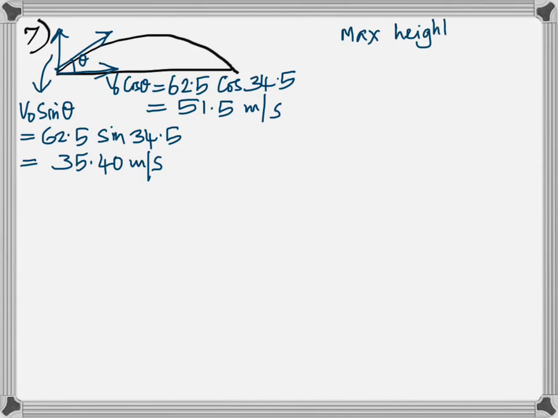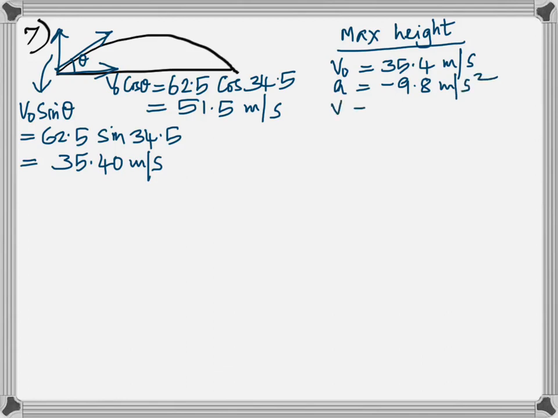To find the maximum height, we use the initial vertical component. a is negative 9.8 because it's first going up. At the maximum height, the velocity is 0. And we need to find delta y.